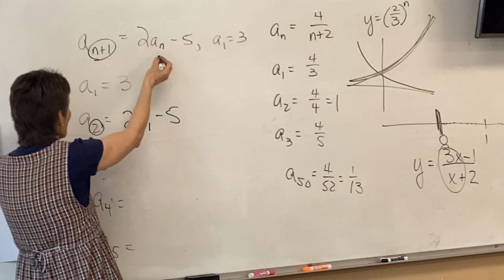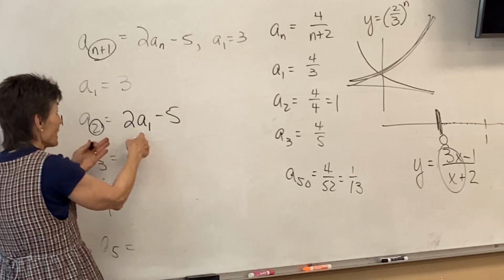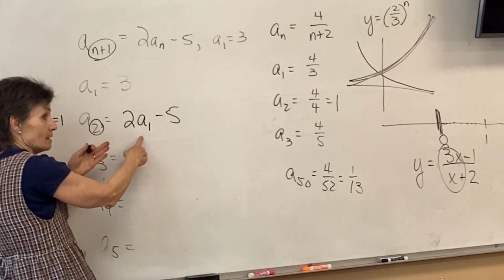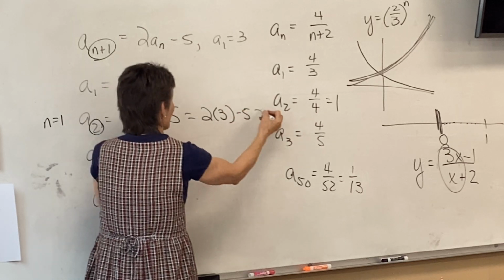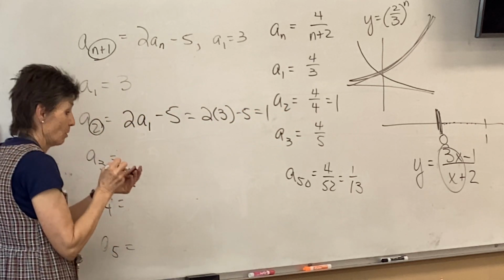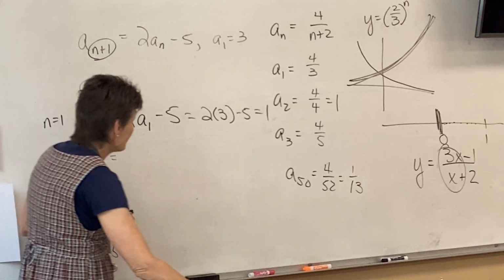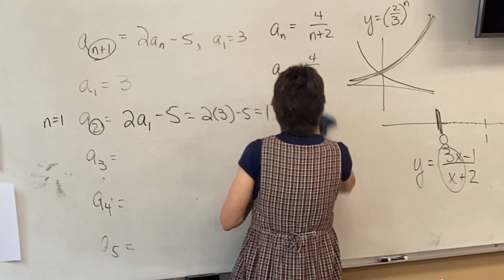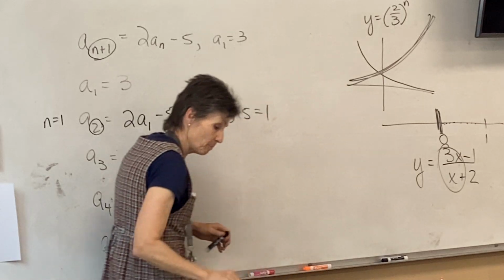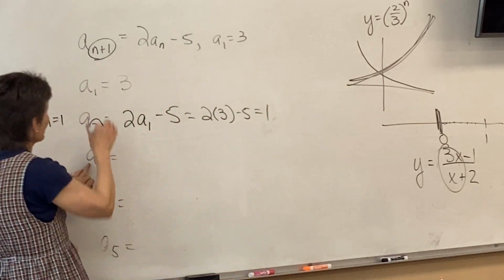So that it is 1, 2 a sub 1 minus 5. But I know a sub 1 is 3. So 2 times 3 minus 5, it looks like that's going to be 1. All right? So now I'm going to find a sub 3. Well, how am I going to get a 3 here?